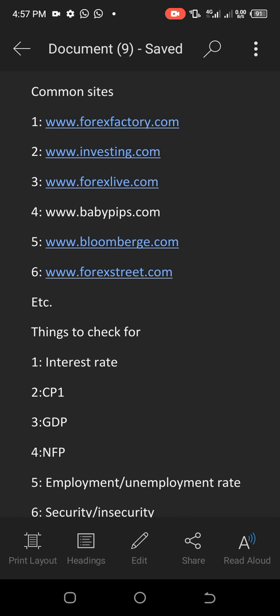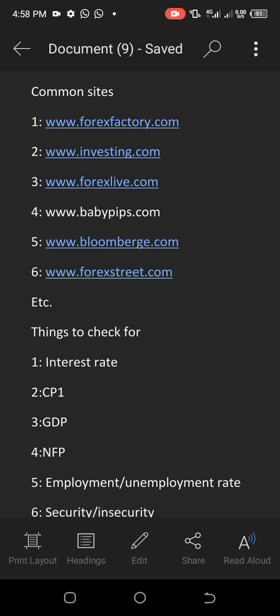A news on interest rate affects the market, whether negatively or positively. And how do traders trade it? When interest rate is increased, investors tend to go for such currency, and when interest rate is reduced, investors lose interest in such currency.